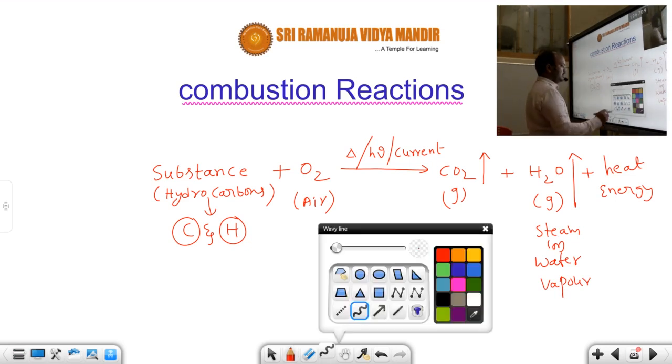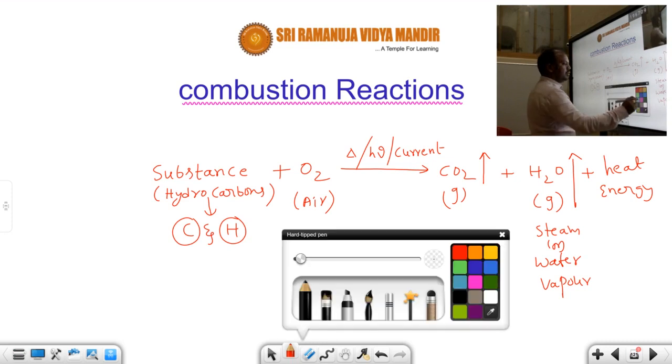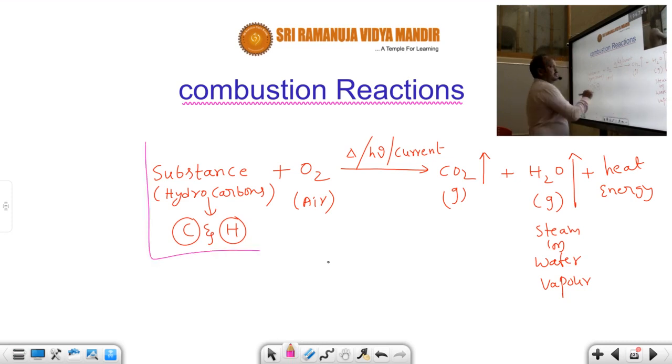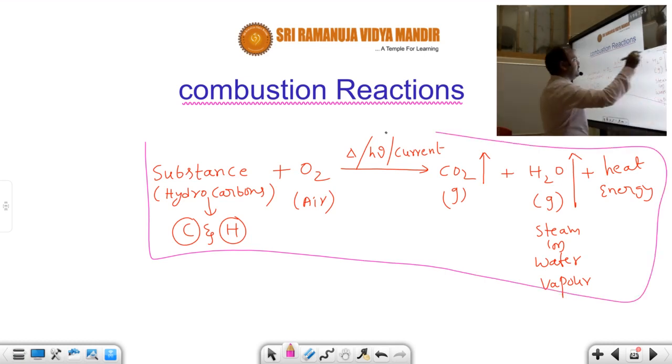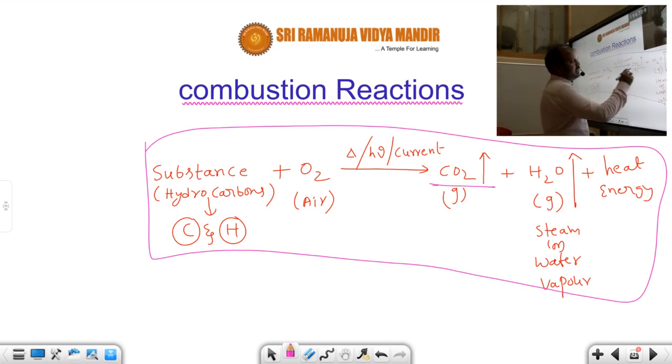The hydrocarbons which react with oxygen in the presence of heat or light or current produce fire. Fire means it releases smoke, carbon dioxide gas, and also releases water vapor, and a certain amount of heat energy is released.